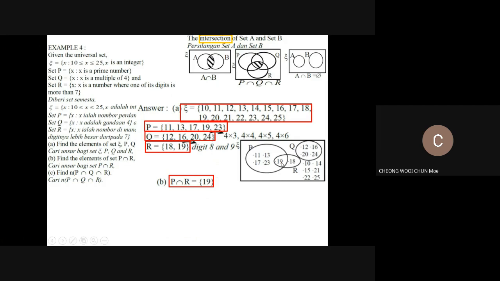P and R touch together at 19. So we put 19, and must put brackets.